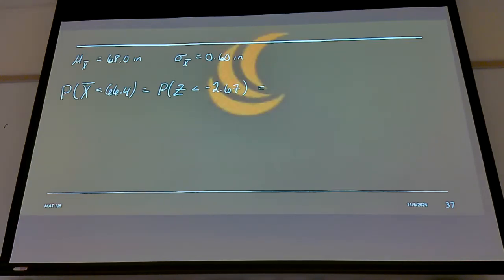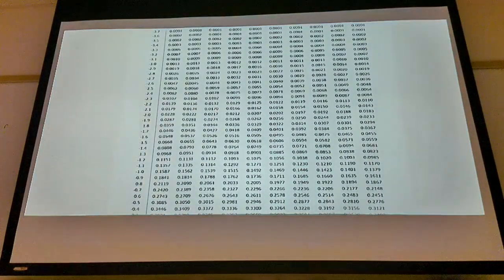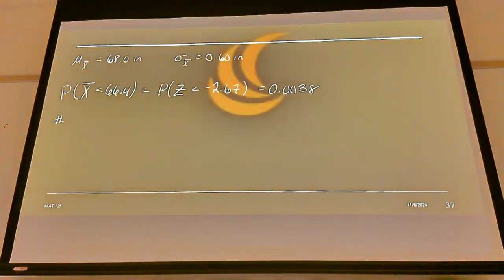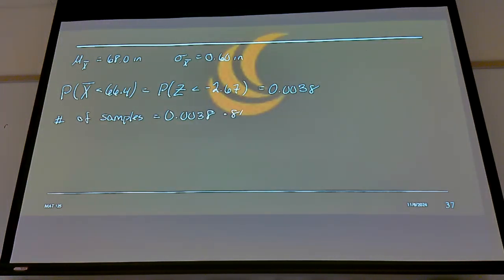Go back to the chart: 0.0038. All right, so the number of samples we would expect is that probability times 80, which is 0.304.